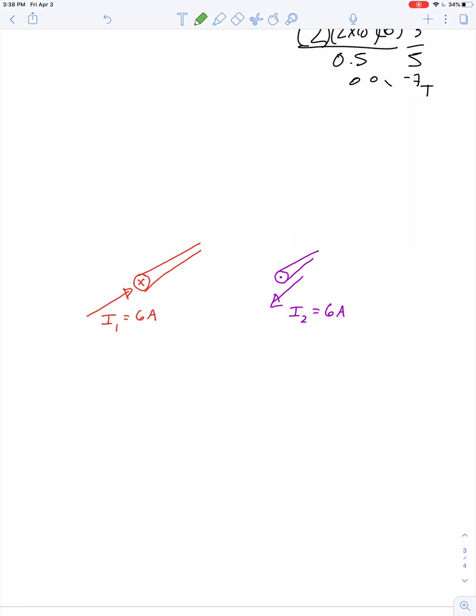Say, all right, when current flows into the page, then there's magnetic field lines that wrap around in clockwise circles around that wire, which means there's a magnetic field line that wraps around like this, and where it meets the current in wire number 2, it represents magnetism that points downward.